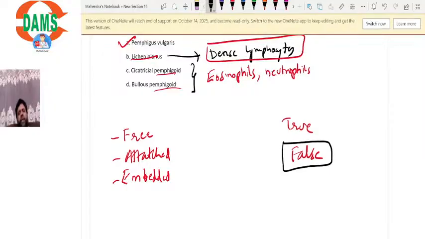It is not a type of dental pulp stone. Rather, you will call it a false denticle, because it will not have a dentine-like structure. So free, attached, embedded, and true are all correct. False is the better option you can choose.